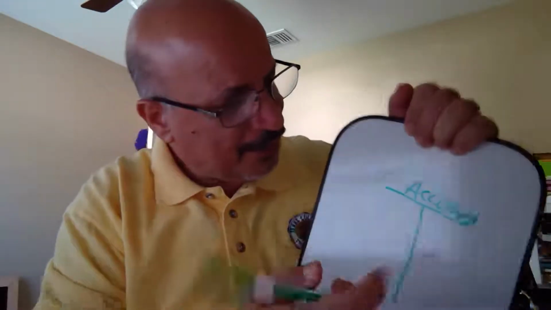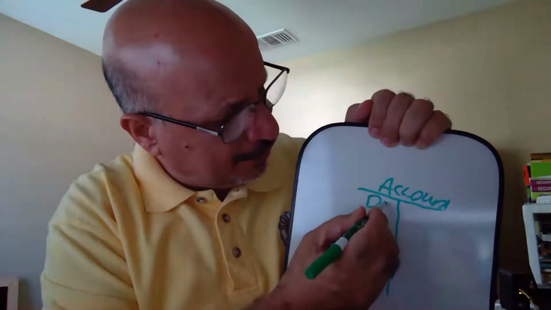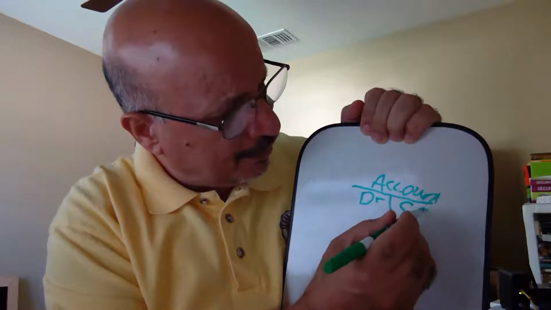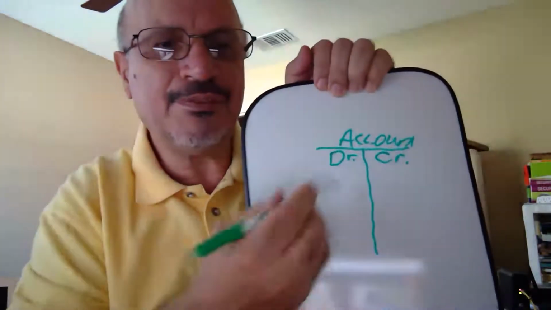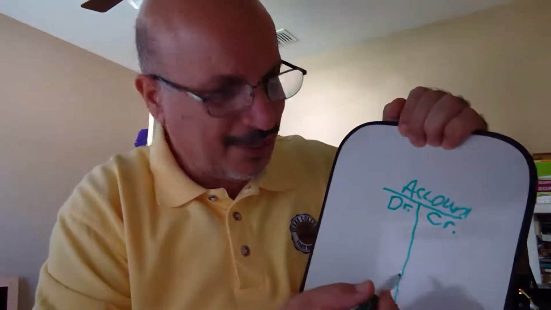The left side is debit, DR, and the right side is credit. That's the T account.